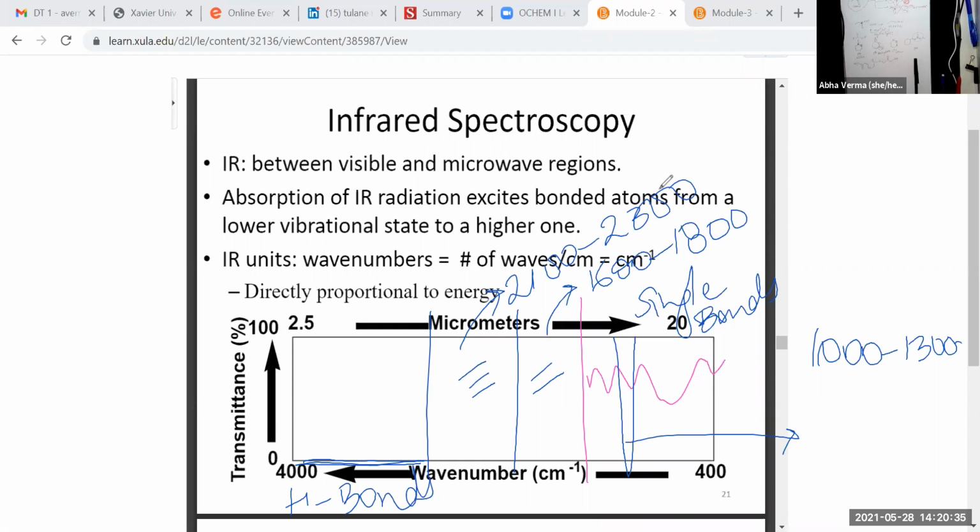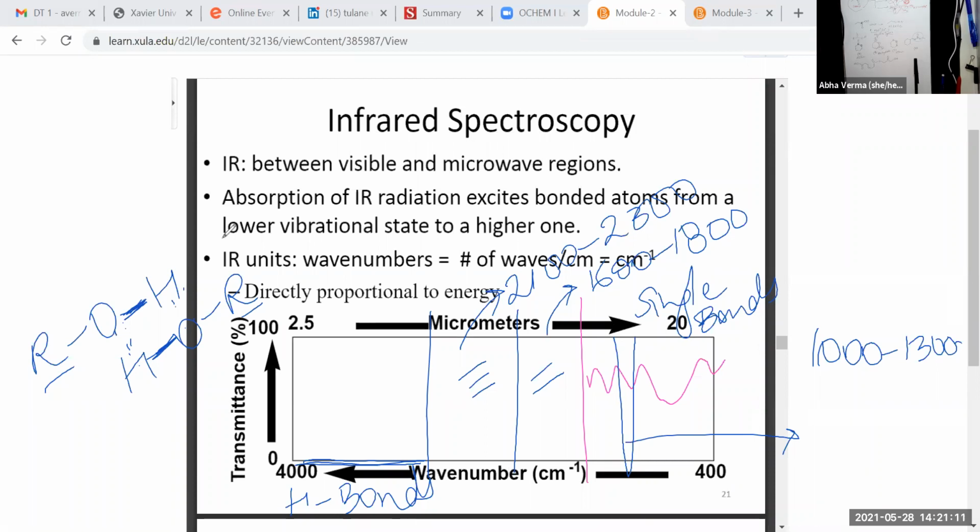If you think about it, you need more energy to vibrate a bond that has hydrogen bonding present, right? We were talking about hydrogen bonding, and the same molecule will be bonded almost twice. So it'll take more energy to vibrate these bond types, and they appear higher in energy, or at a higher wave number.